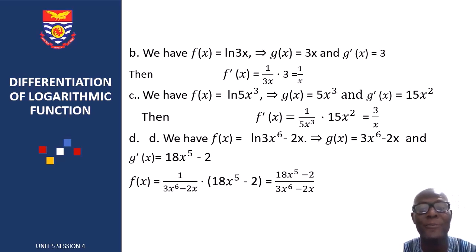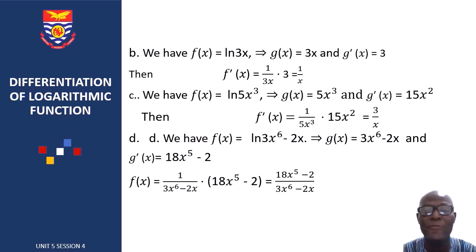But from the definition we learned earlier on, the derivative of f of x, if f of x is equal to ln g of x, is 1 over g of x times the derivative of g of x. So the derivative of f of x is equal to 1 over 3x, since our g of x is 3x, times the derivative of 3x, which is 3. And if we multiply 1 over 3x by 3, it gives 1 over x.